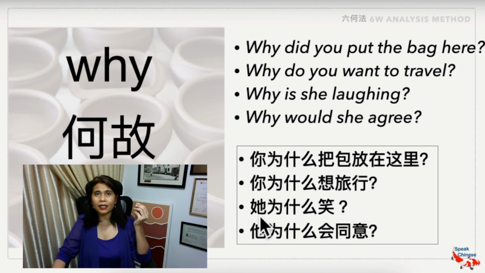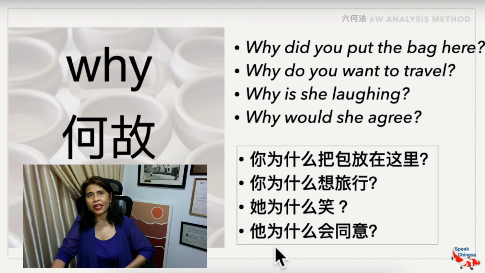So when we are listening to someone saying 他为什么会同意, we can't tell for sure whether they're referring to a she or a he. So we may ask the next question, 你说是他吗? And you mention the name. So there is a reason why, when we're having conversations, we need to sharpen our listening skills.